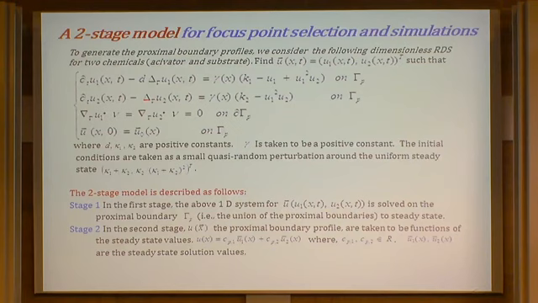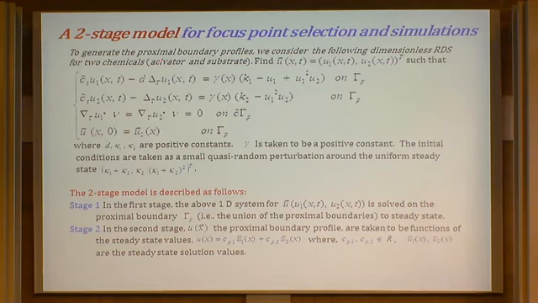U1 and U2 are variables, the concentrations of two chemicals, an activator and a substrate. The parameter values are here, and gamma is taken to be a positive constant. This is called a scale parameter, I think.